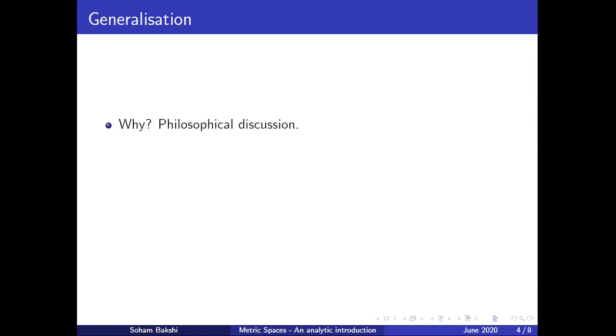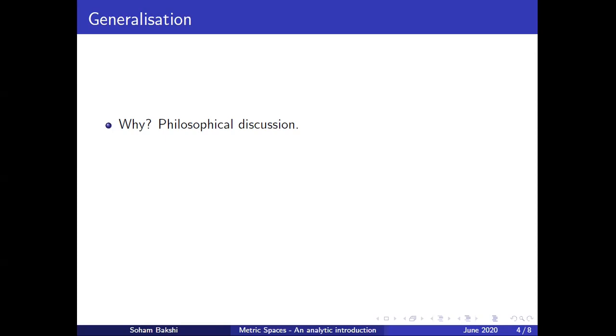Now, this is a mathematical way to think, we have to ask in which other cases we can do similar analysis. So why only R? We can do it in a general set X. We can have all such properties like sequence, limit, continuity, and all such things.